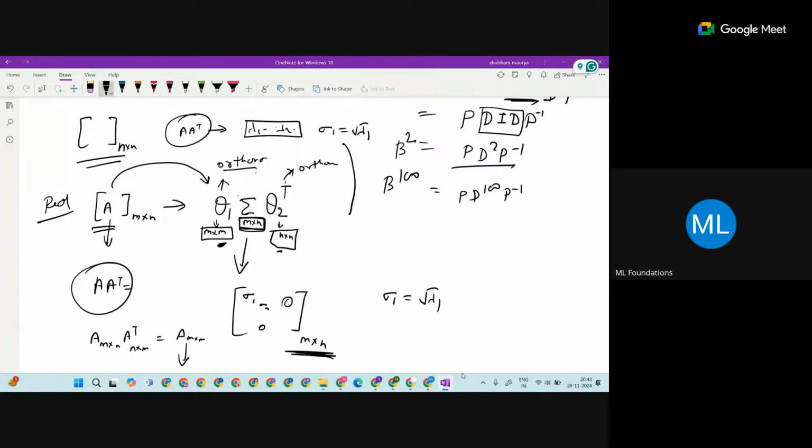Next is the eigenvector: Q1 is formed by the eigenvector of A transpose, oh no, sorry, Q1 or maybe Q2, and then Q2 is formed by A transpose A. It could be either, but we'll get it this way, or differently also.